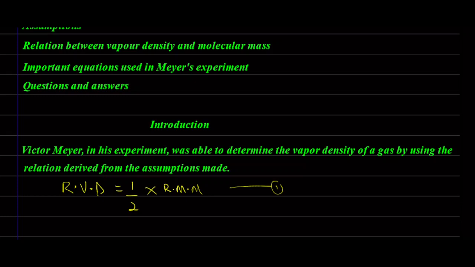And with the help of the equations that we're going to be looking at under important equations, we are going to be able to calculate the molecular mass of the gas. With the help of the molecular mass, we can get the vapor density of the gas. So, what are the assumptions stated during Victor Meyer's experiment?